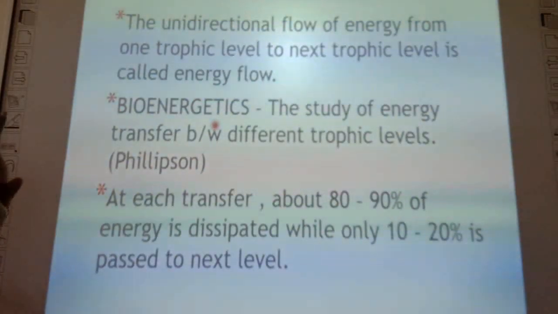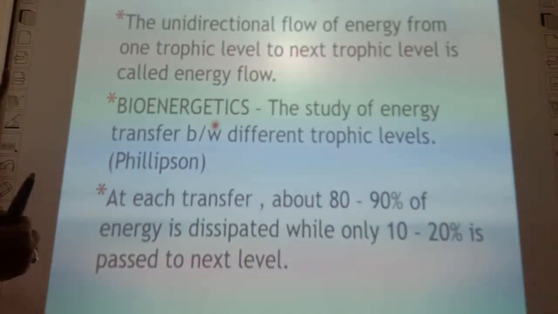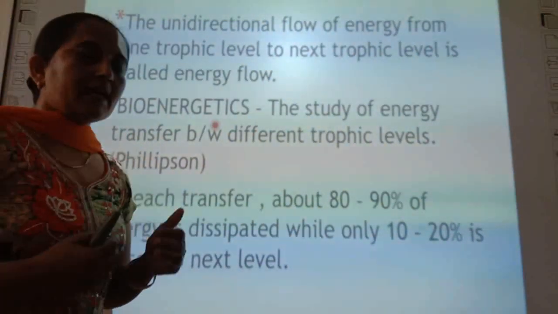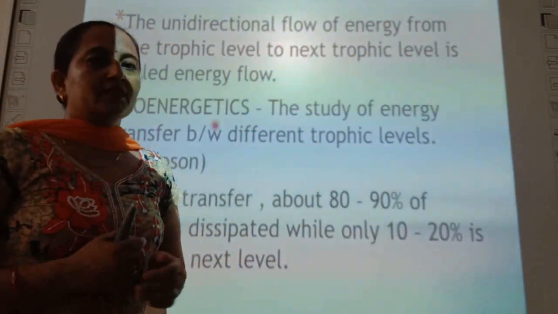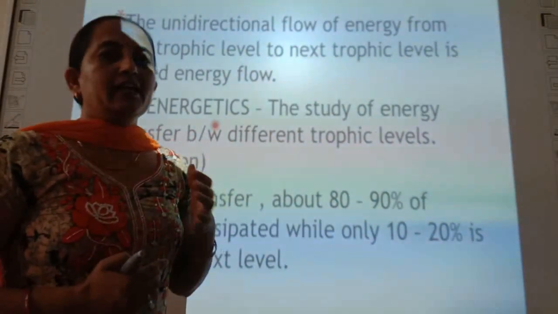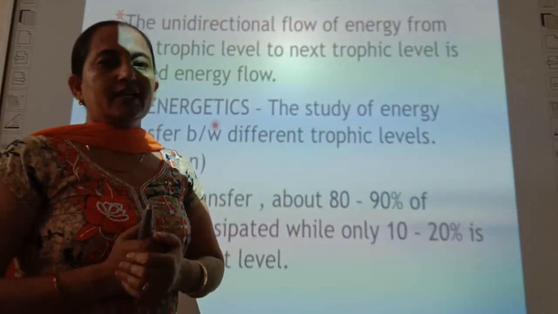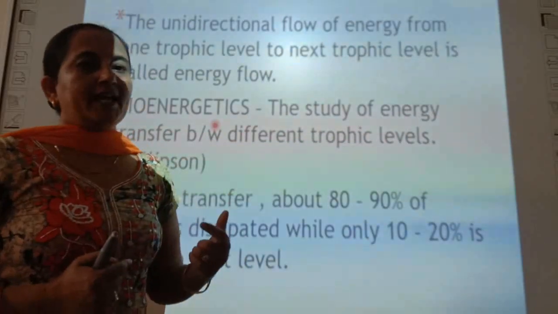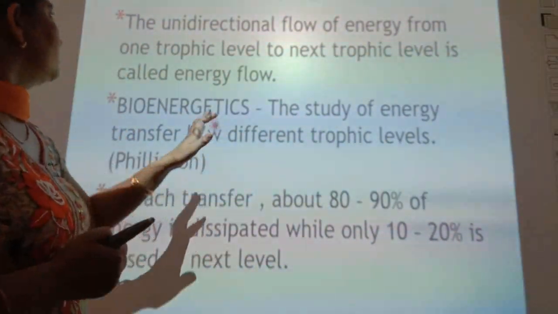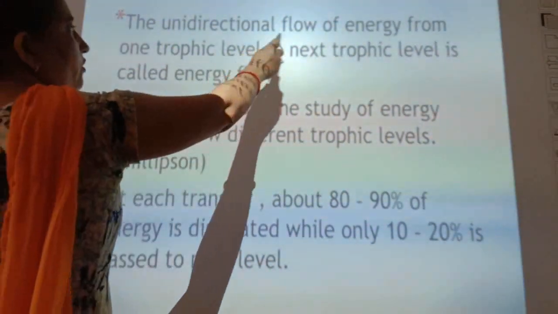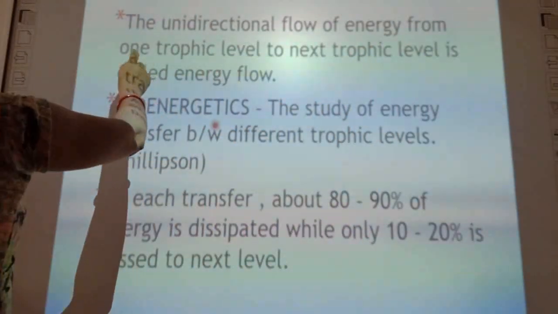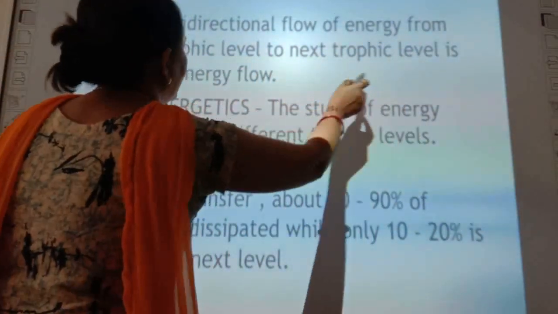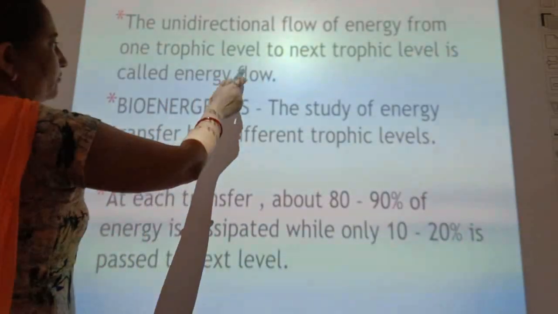Here energy flow takes place in a unidirectional way. As I told you in the last lecture, the flow of energy takes place in a single direction, that's why it is known as unidirectional flow of energy. The unidirectional flow of energy from one trophic level to the next trophic level is called energy flow.